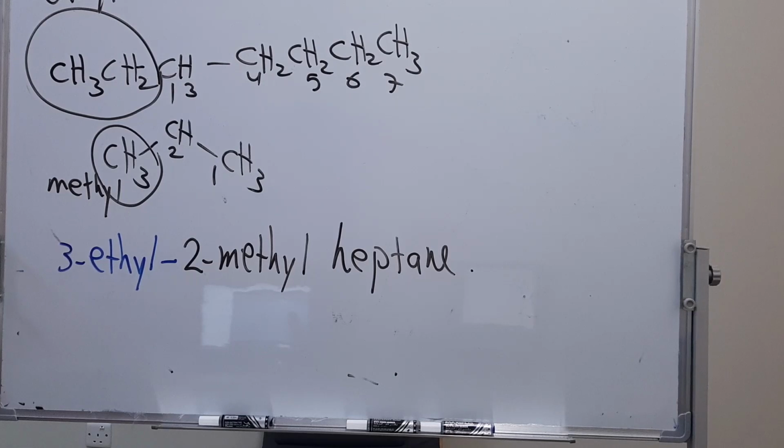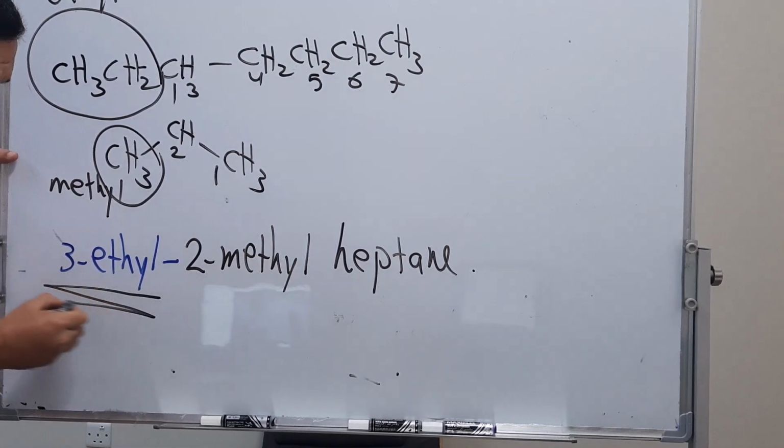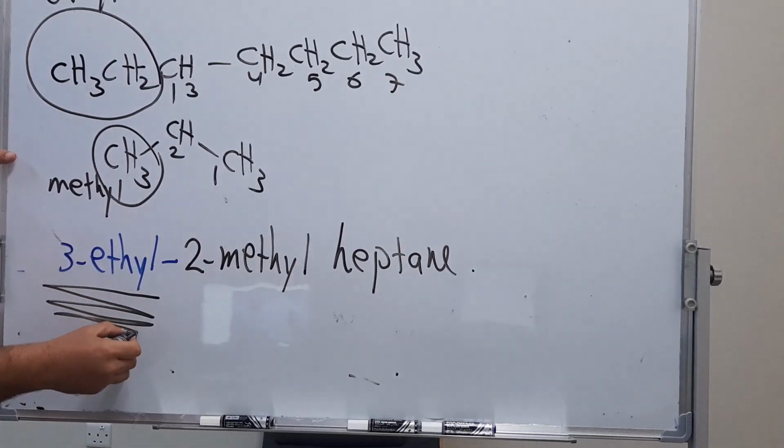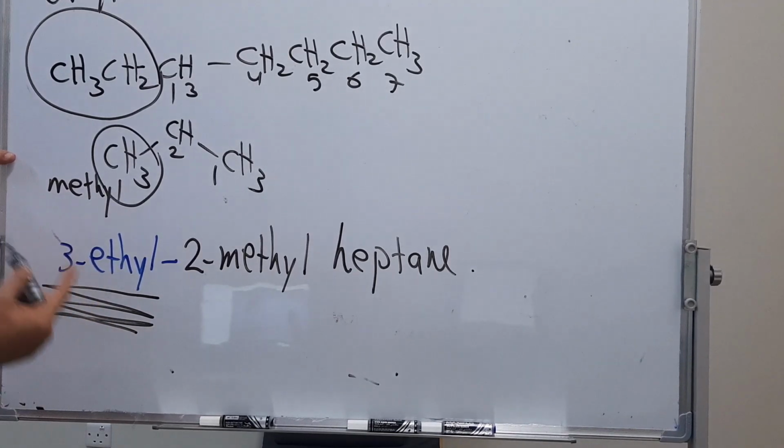Do you follow me? Now let's write some comments, or more punctuation rules, for the IUPAC nomenclature. In this case, as you can see what I have written here, I listed first the branch which has more alphabetic priority.